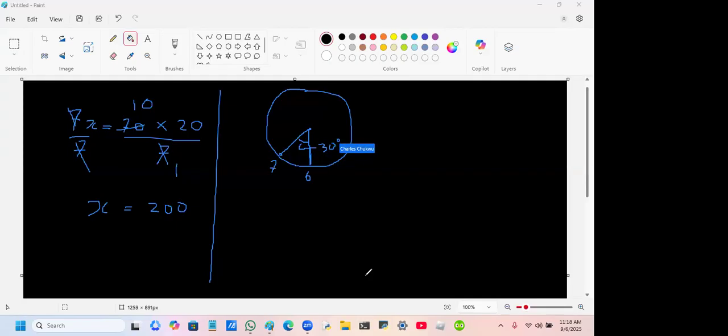So that is why it now makes sense to say, okay, if the clock is uniform and for every hour 30 degrees is covered, then you only need to multiply 30 by 9, isn't it? Yes. Which is exactly what I did. Good. So now do you understand it? Yes.